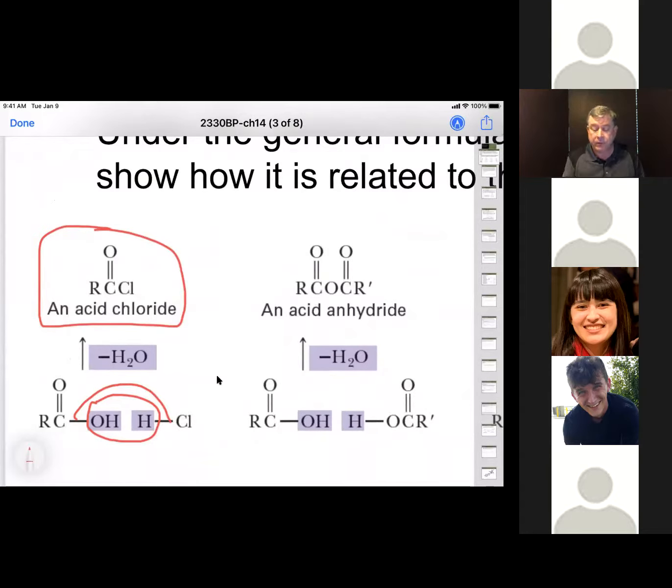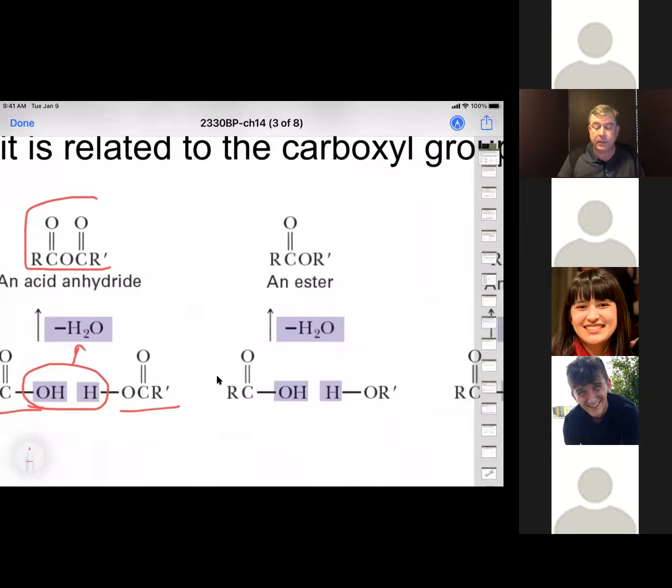However, in making the anhydride, this is actually how we make it. We remove water from the system, and we notice we have two carboxylic acids, and we've removed one equivalent of water between them. And that gives us what we call our acid anhydride. Now, we talked about this already. We have an ester. We have a carboxylic acid and an alcohol.